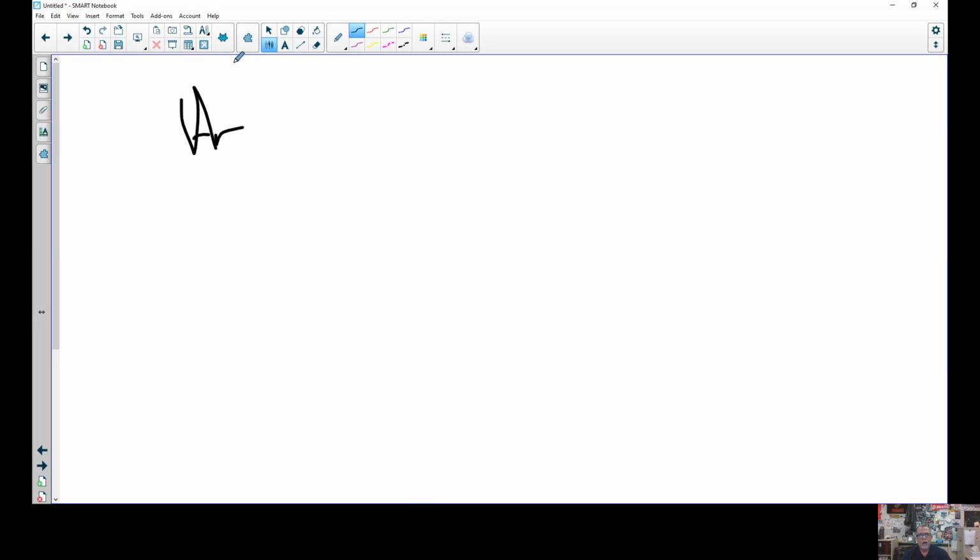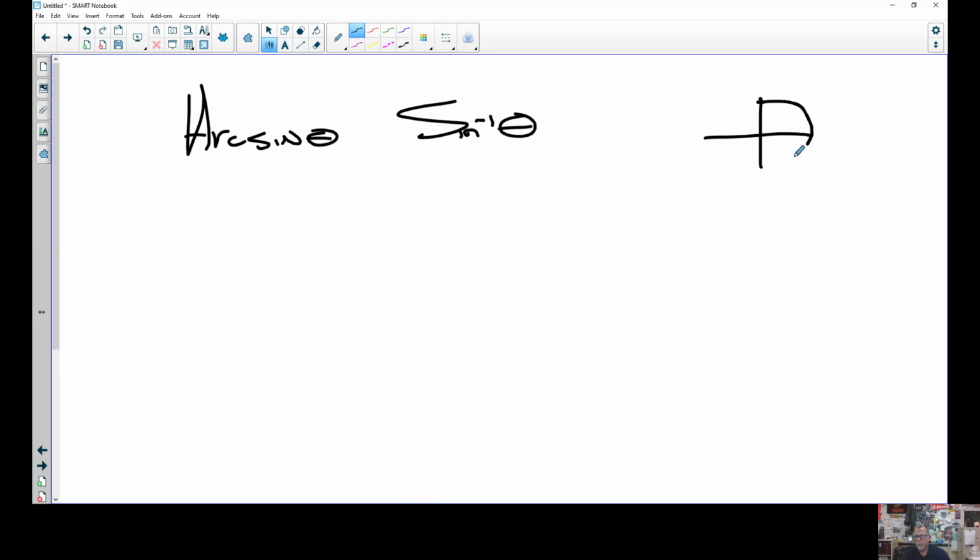If we're looking at arc sine of theta, or again, sine inverse theta, we've got to think, how would I narrow it down to one set of values? Well, let's think about what happens with sine. All right, as we go around the unit circle, we get these y values for all of these that are all the positive signs. And then what happens?